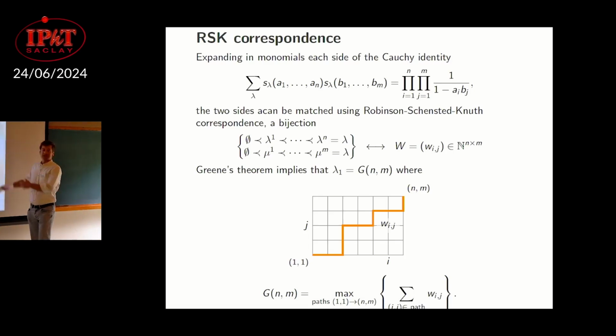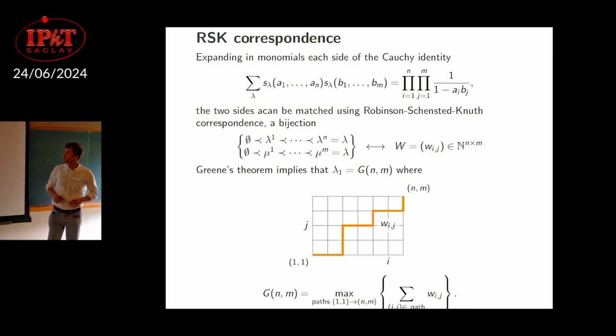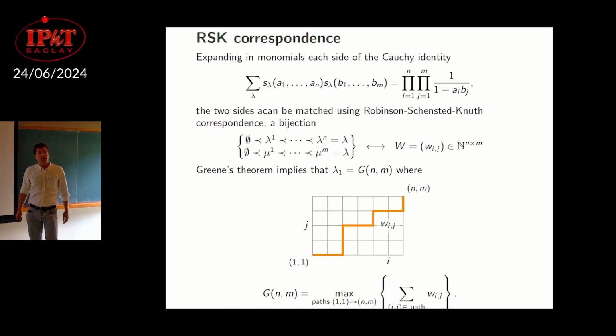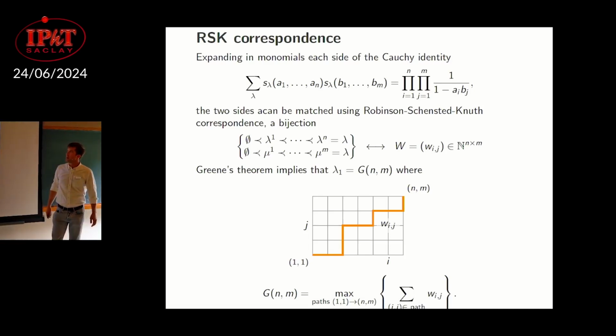This Robinson-Schensted-Knuth correspondence is usually defined in another way, in terms of semi-standard Young tableaux, and there are several variants, and it has a more combinatorial definition. Actually, what I've written here is not a definition.